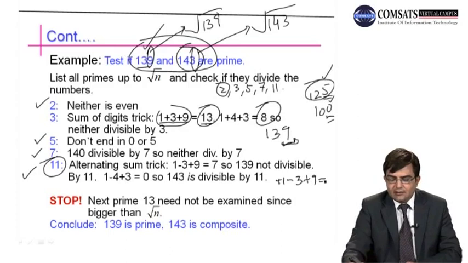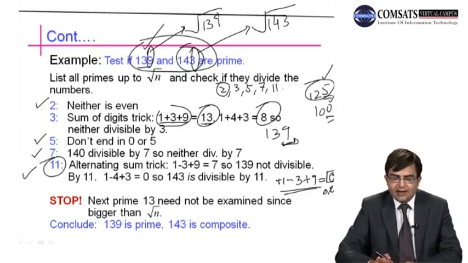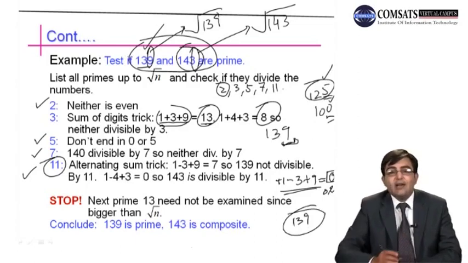If the result is 0 or a number which is divisible by 11, then we say that the given number is divisible by 11. This is another trick, or you can say a result in number theory, which can be used to check whether a given number is divisible by 11 or not.